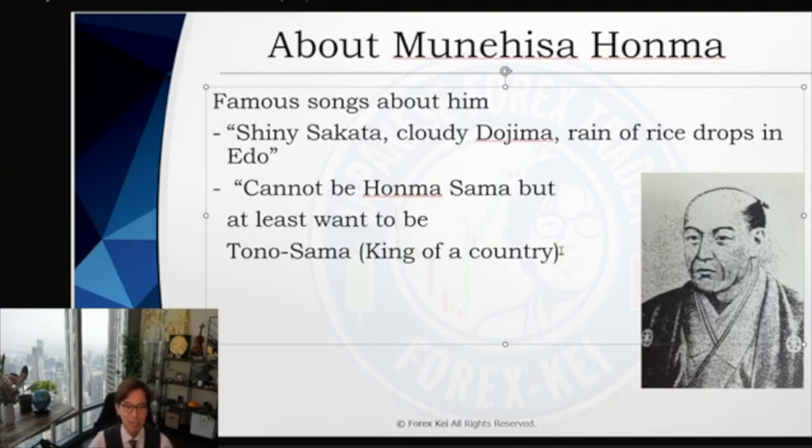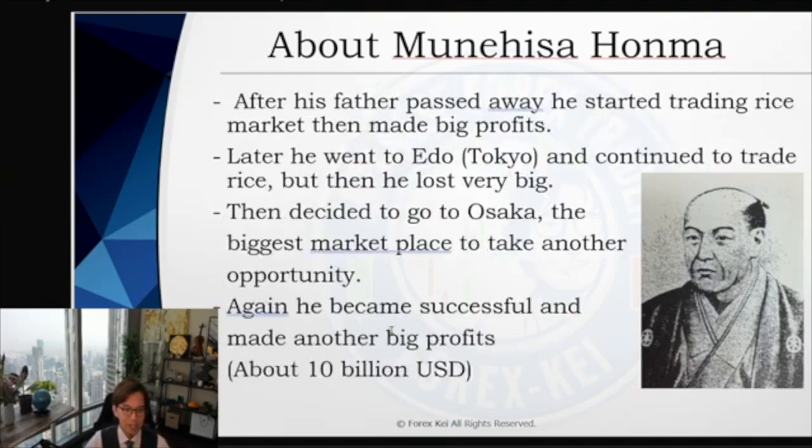And I heard there are a couple of other famous songs about him. So that's a little bit of history about him and his background and how he ended up in Osaka Dojima and created candlesticks. Dojima was the place where he invented the candlesticks.